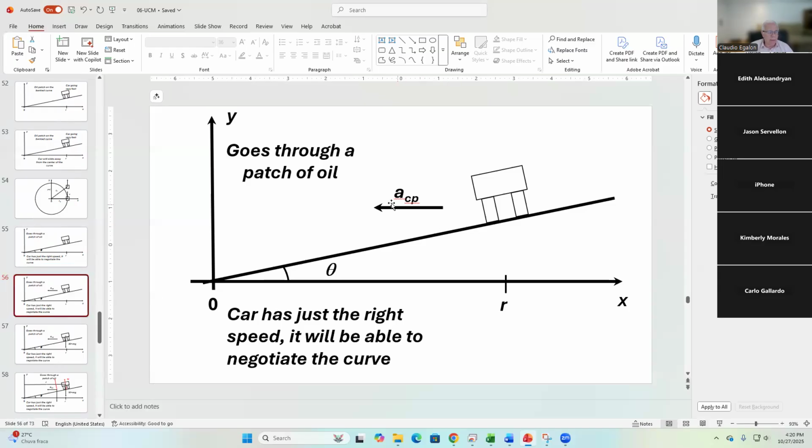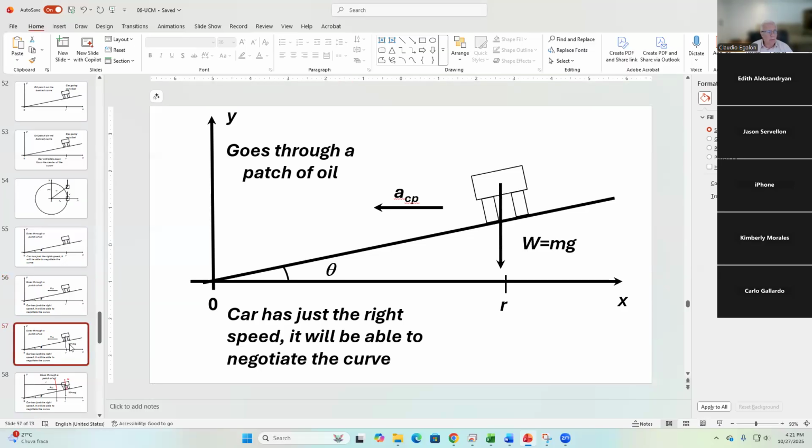Okay, we have a centripetal acceleration towards the center of the curve. Remember, the car is driving in a single plane. That's why the centripetal acceleration is in the horizontal direction, because the car is moving in circles in a single plane. It just happens here in a banked curve. Here are the forces being applied to the car.